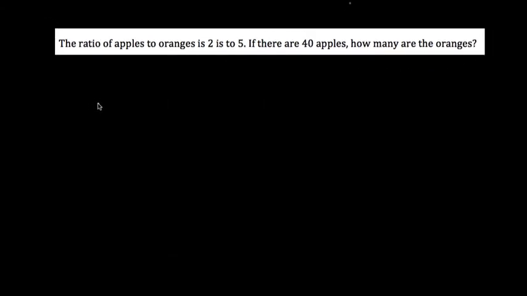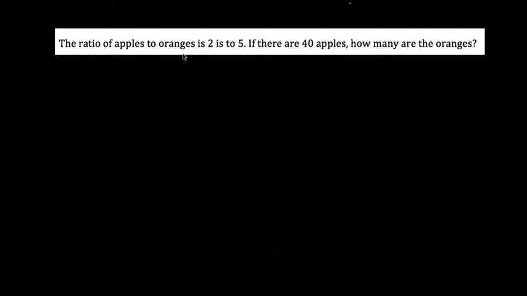So this is where the strategy really shines when you have to solve problems. So what we will do next is we will be presenting problems with increasing difficulty to show you that no matter how difficult the problem is, the strategy works. So let's start. The ratio of apples to oranges is 2 is to 5.